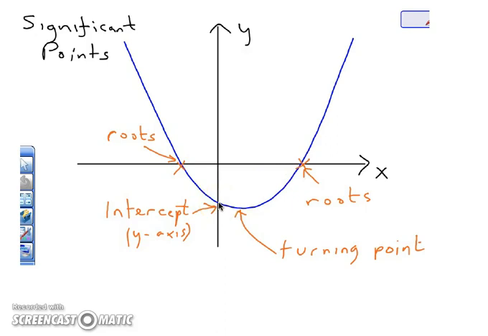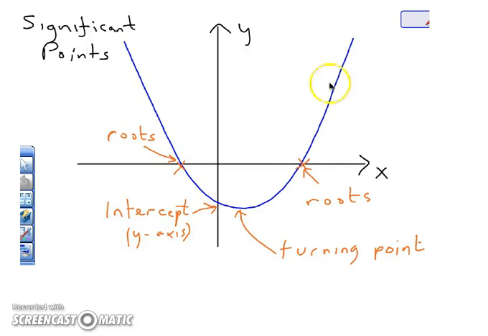We call where it crosses the y-axis, again, the intercept, just like we do on a straight line graph. And we call the minimum point, or if the curve is in this direction, a maximum point, we call it the turning point. It's where this curve is going from coming down to going back up again. It's called a turning point. You just need to know those.